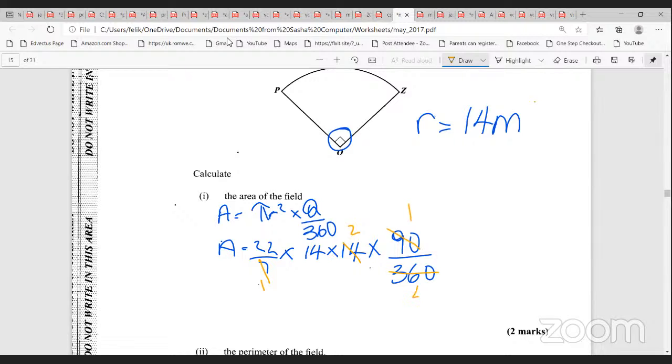So that's a quarter. We could even simplify further: 4 into 4, 1, 2 into 22, 11, and 2 into 2, 1. So we could have simplified. But in my opinion, just going straight to your calculator would save you time. And it's important for you to save time in the exam.